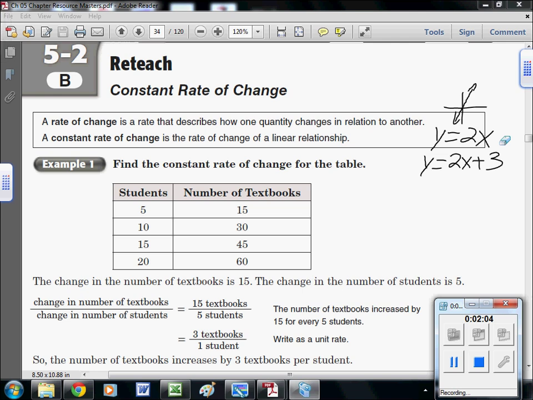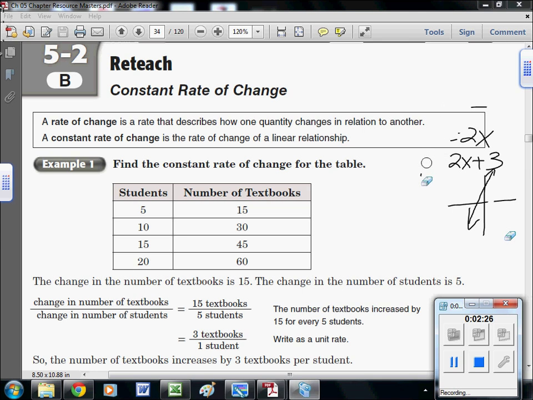Whereas the second one, as a brief reminder, would start a little bit higher, and so it'd look more like that, where it wouldn't go through the origin like that one did. It starts further up. So I just want to make sure you know the constant rate of change does not matter whether it's directly proportional or not. I just want you to know it's very similar to it.